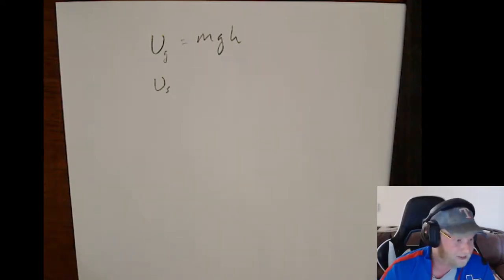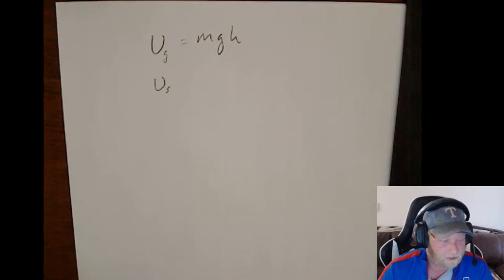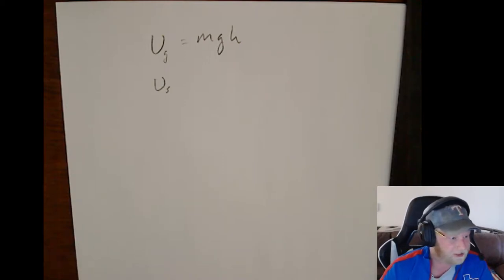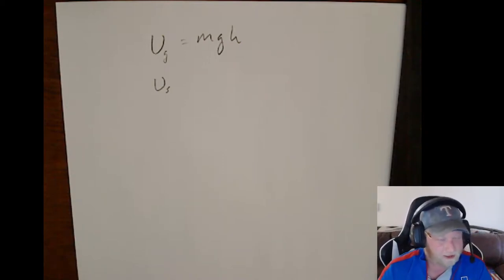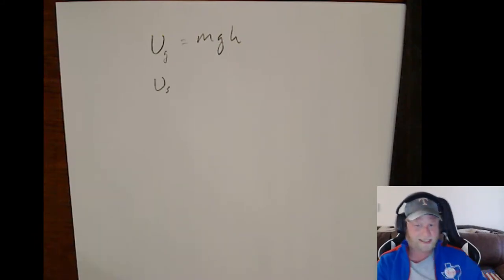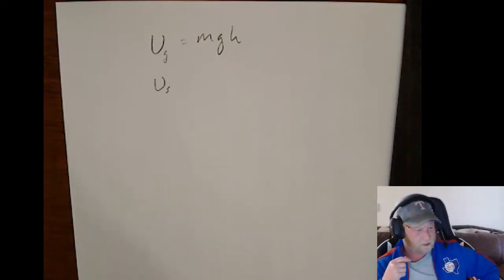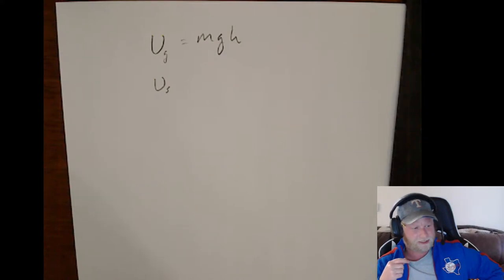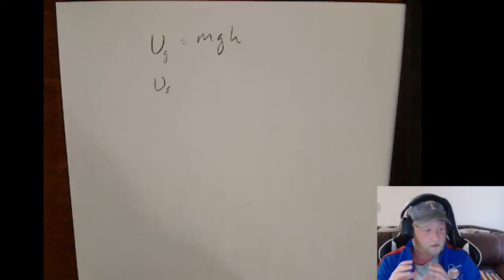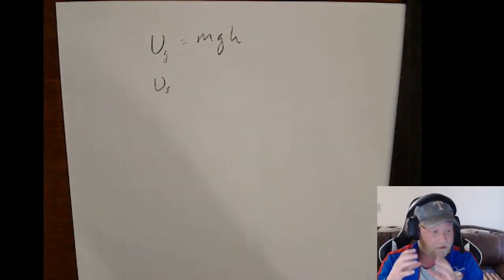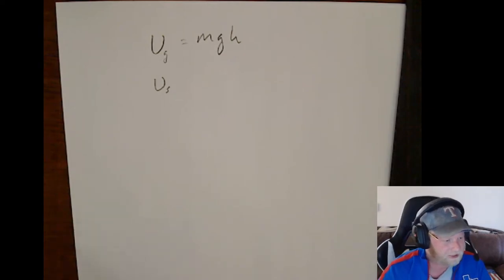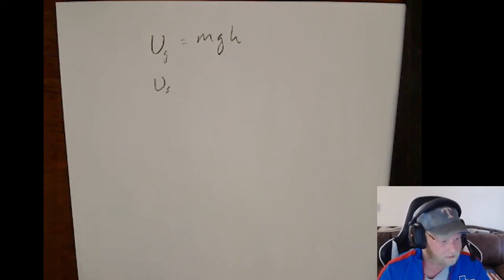And that will come in handy with some of these problems because you can adjust where you set height equal to zero to make your math easier. And again, the reason we can do that, we talked about it a little bit when we talked about kinetic energy, is because there really is no one true level of energy for an object, right? Because it all depends on what the observer is doing.